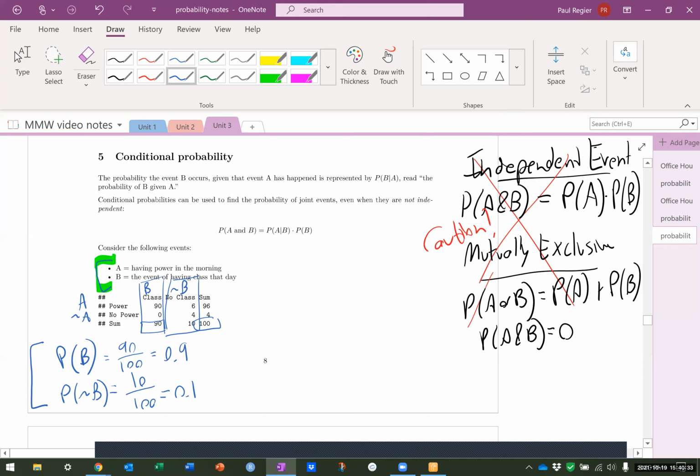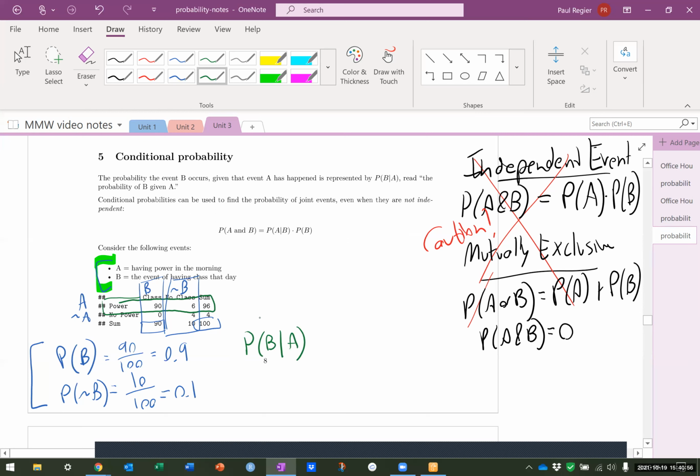Okay, so some more of the terminology we've been using. So next thing I want to know is, what if I wake up in the morning and there is power? What is the probability that I have class? This can be written as probability of having class given that there was power.